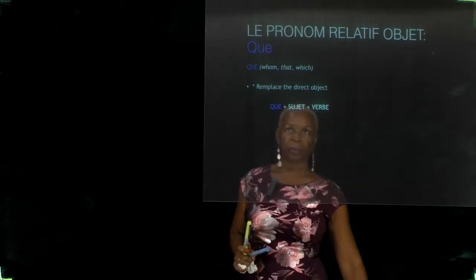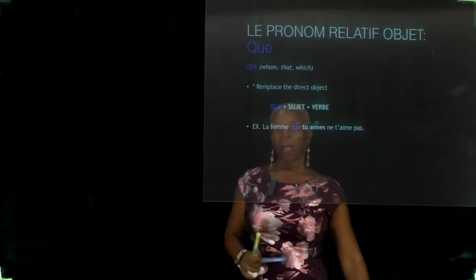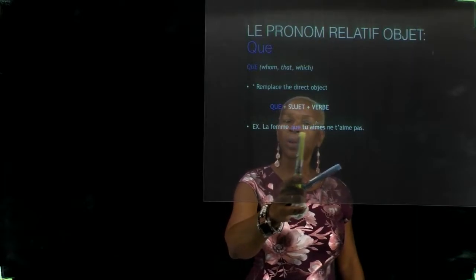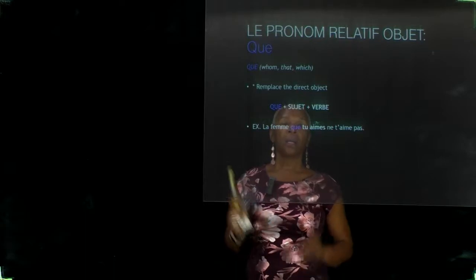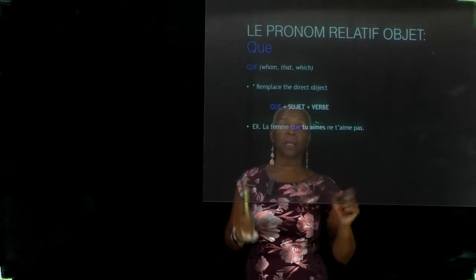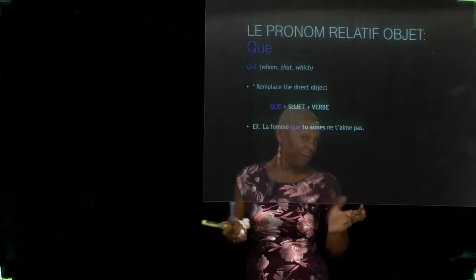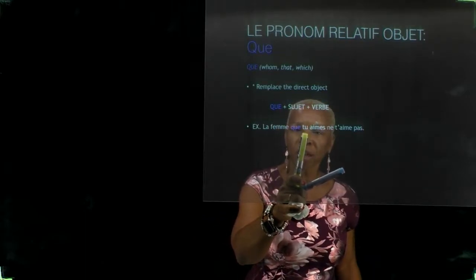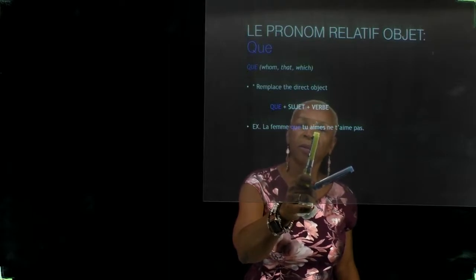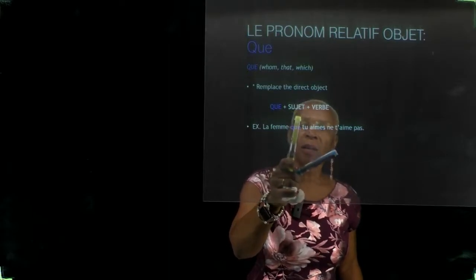Très important. Very important. La femme que tu aimes ne t'aime pas. Now this is sad. The woman whom you love does not love you. Sorry, it happens. Just see, que is followed by a subject and then by a verb. Remember the word order. Que, subject, verb.